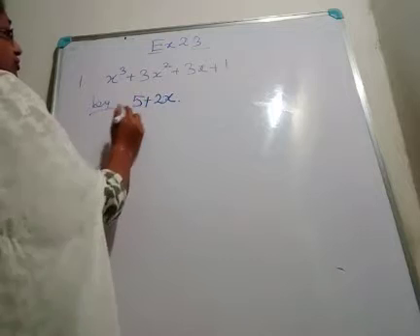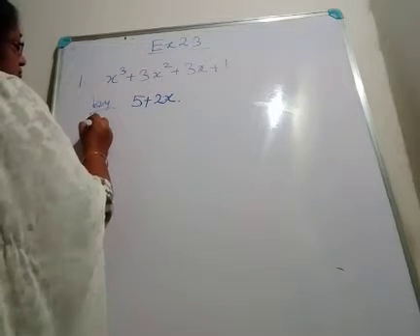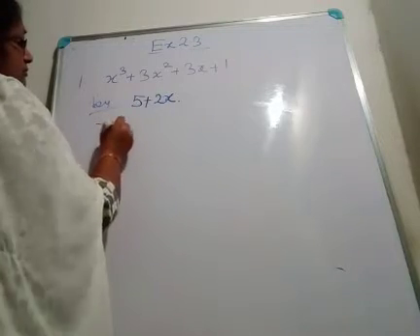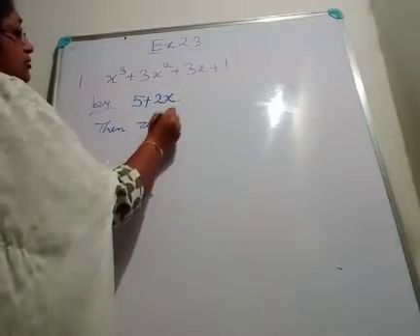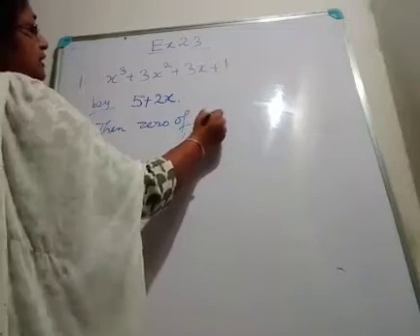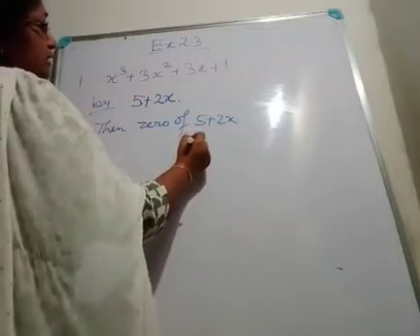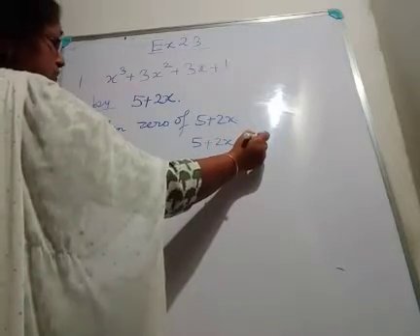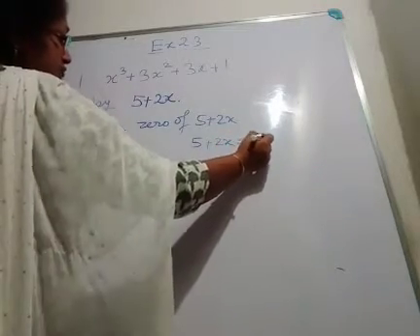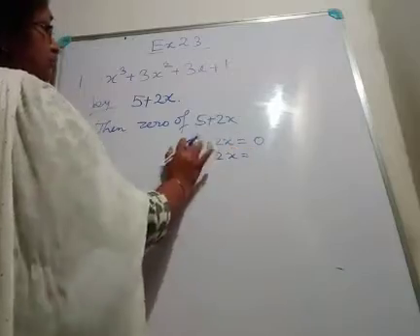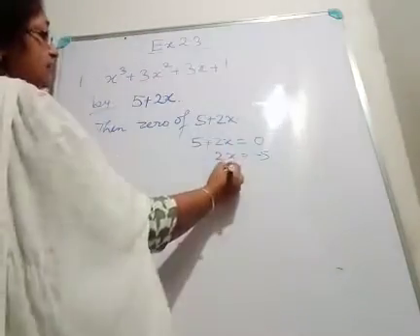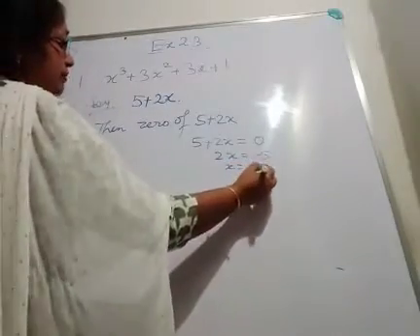So first you write down, then zero of 5 plus 2x equal to... what will be the zero of 5 plus 2x? Zero of 5 plus 2x will be 2x equal to, bring this 5 to your right hand side, it will become minus 5, then x will become minus 5 by 2.